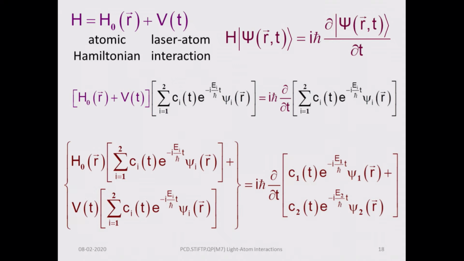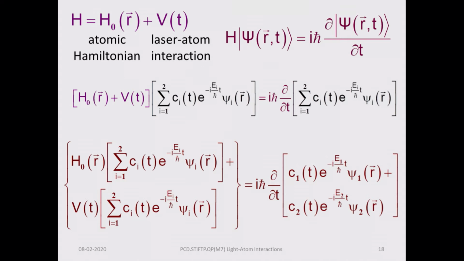On the right hand side, you have to take the time derivative of the two terms on the right side. Each term has got two functions of time, one coming from the dynamic phase of the stationary states, and the other time dependence coming from the time dependence of the coefficients.